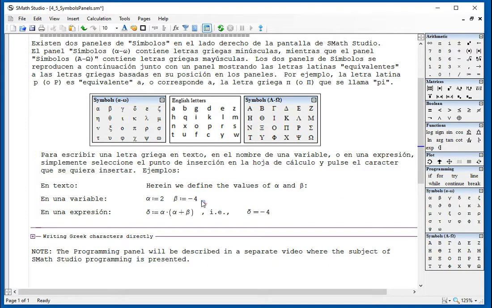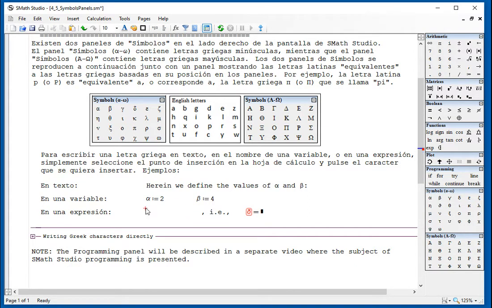And if I want to define those values, I click here and select alpha, colon, say 2, and here beta, colon, say 4.